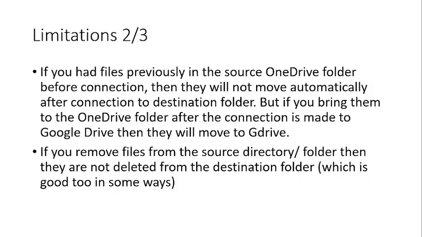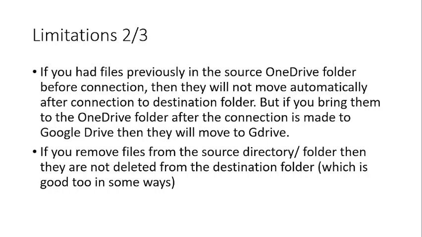If you had files previously in the source OneDrive folder before the connection, then they will not move automatically after the connection to the destination folder in Google Drive. But if you bring them to the OneDrive folder after the connection is made to Google Drive, then they will move to Google Drive.